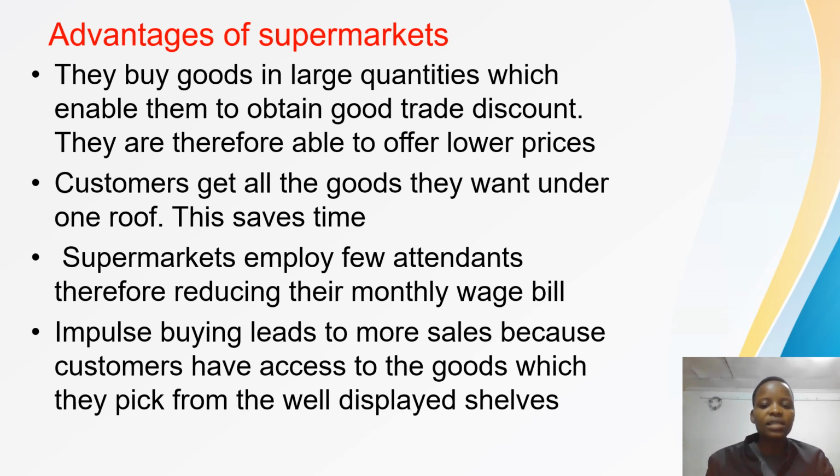Impulse buying leads to more sales because customers have access to goods which they pick from the well-displayed shelves. Impulse buying is the buying of goods, or a state where a customer will buy goods from the supermarket which he or she had no plan to buy. You can move from your house and enter a supermarket without the intention of buying a certain good, let me say, a bar of soap.